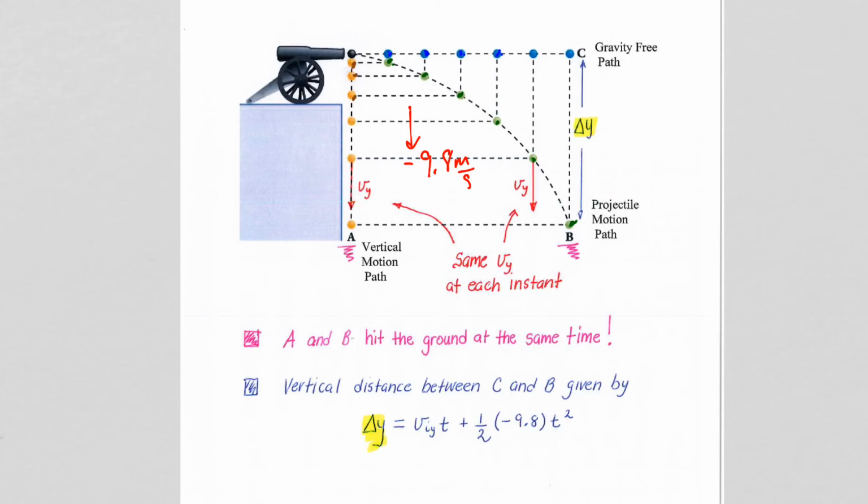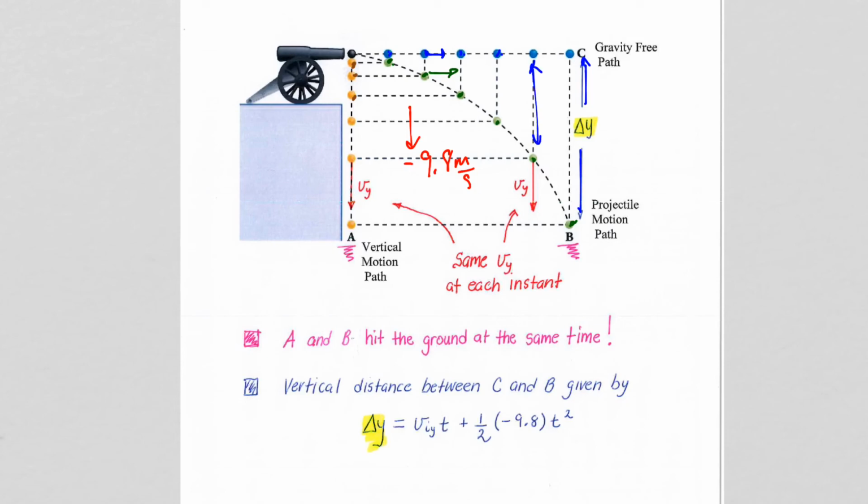Now, the speed in the x direction does not change whether it's the green one or the blue one. So they stay right on top of each other in terms of the x direction, the blue on top of the green. But the path difference, so typically what they'll ask in a multiple choice question is for you to describe how this path, this delta y distance, is changing in the problem.